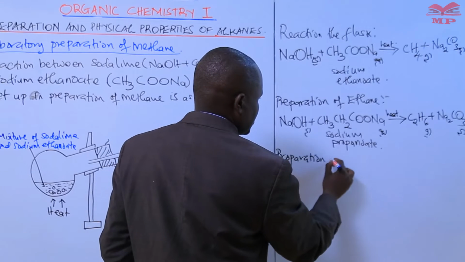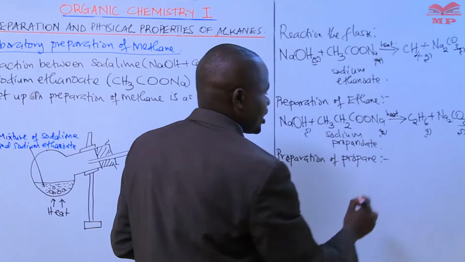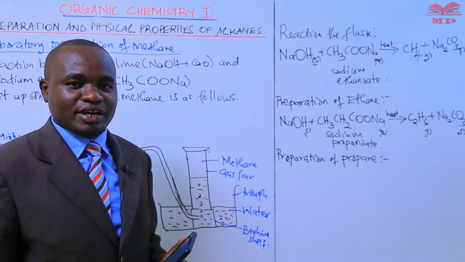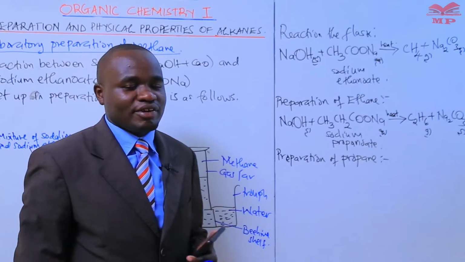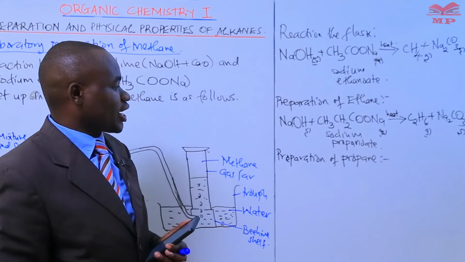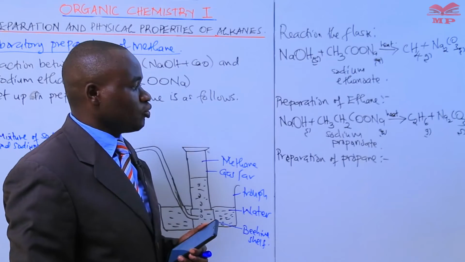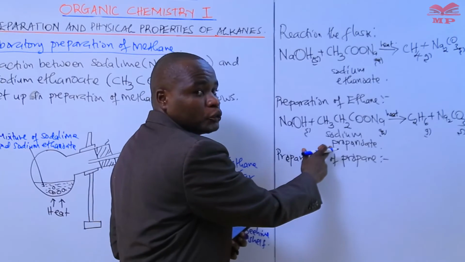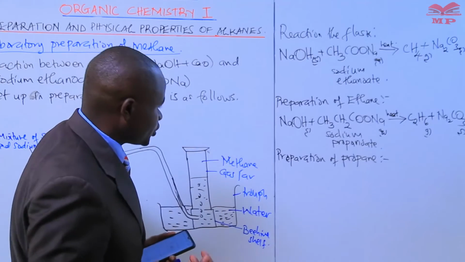preparation of propane. Remember, propane has 3 carbon atoms. Therefore, the salt we use will have a total of 4 carbon atoms, the organic salt. So the name of the organic salt will now be sodium butanoate. You add 1 carbon atom to the organic salt.